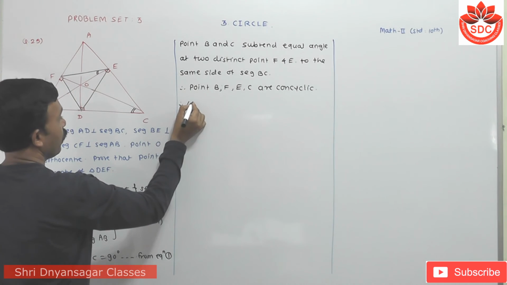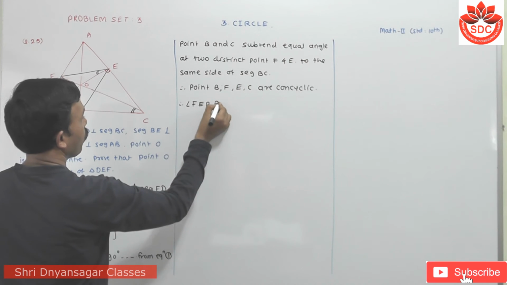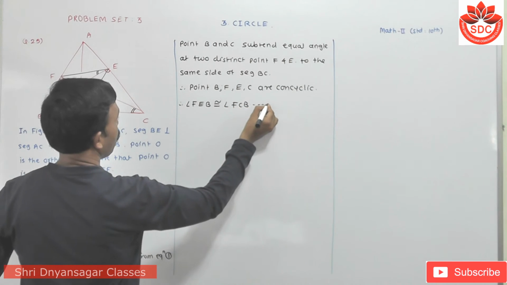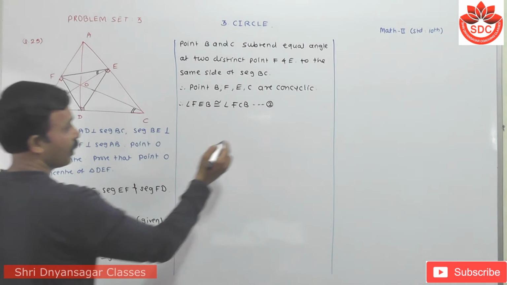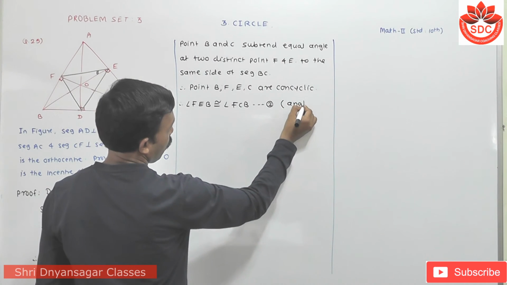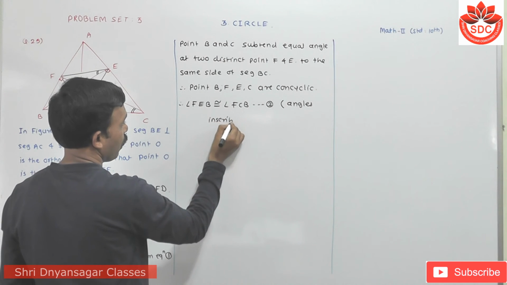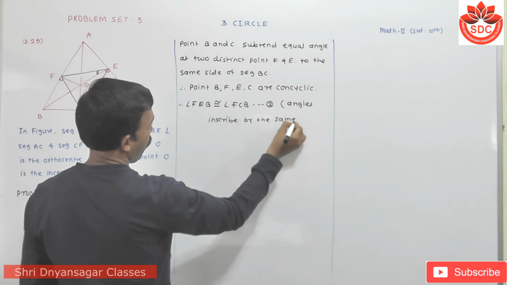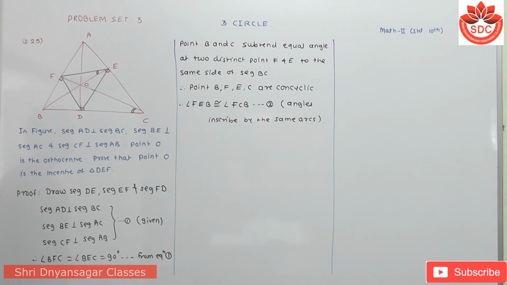Therefore, angle FEB is congruent with angle FCB. Suppose this is equation second. This is first, this is second. The reason is that angles inscribed by the same arcs are congruent.